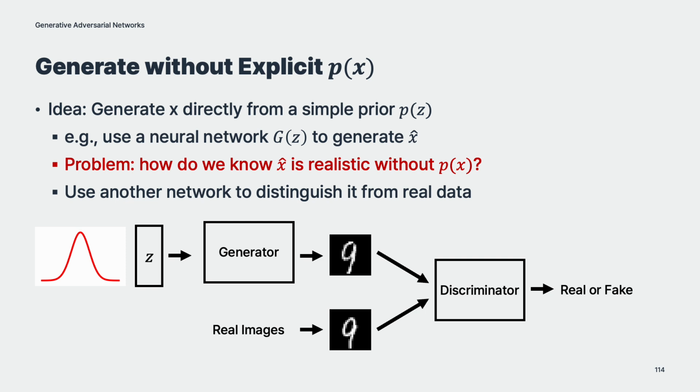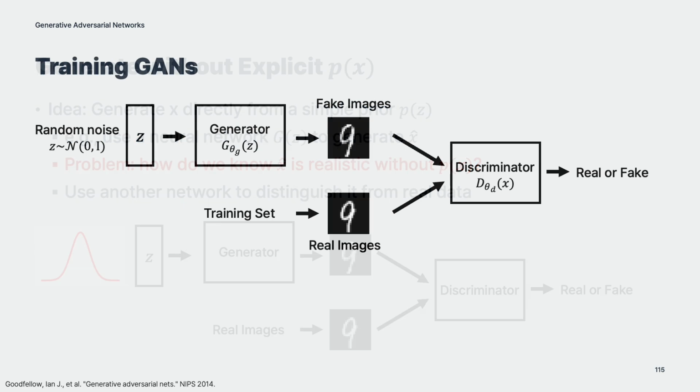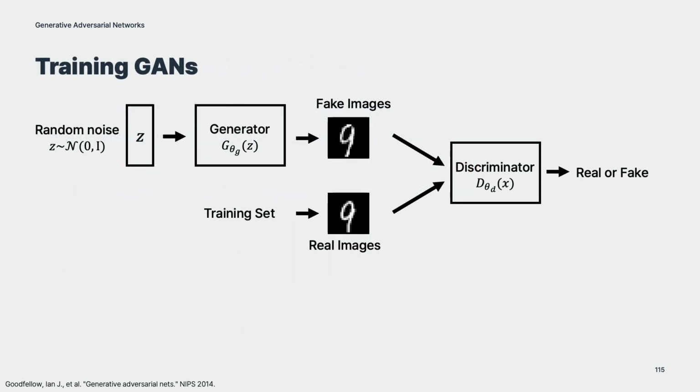Its job is to distinguish between real images and generated ones. The overall structure of GAN looks like this: we sample a latent vector Z from a simple prior, pass it through the generator G and get a fake image, and then the discriminator D compares it with real images from the training set and tries to determine whether it's real or fake.